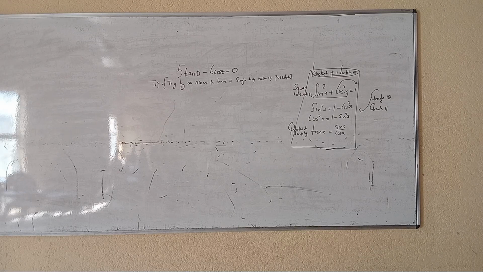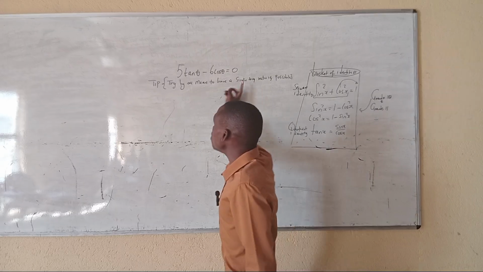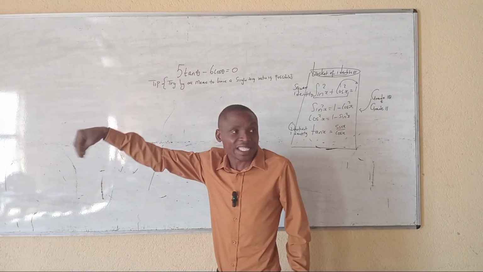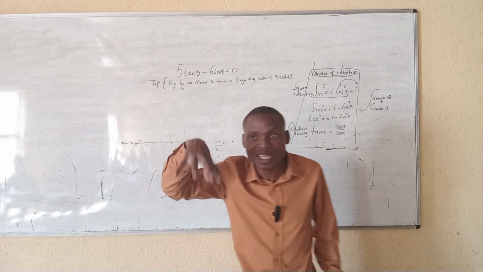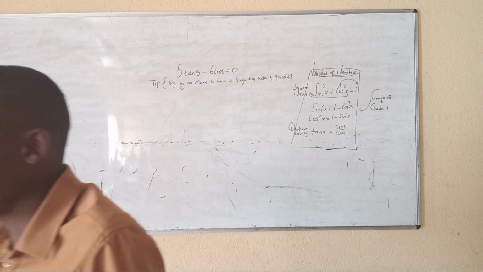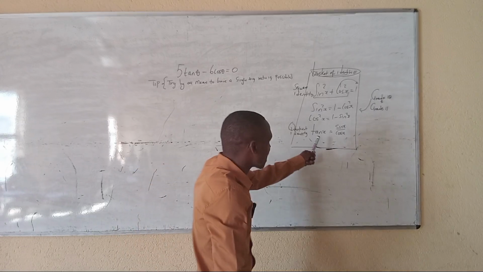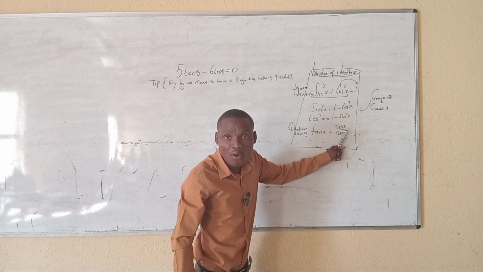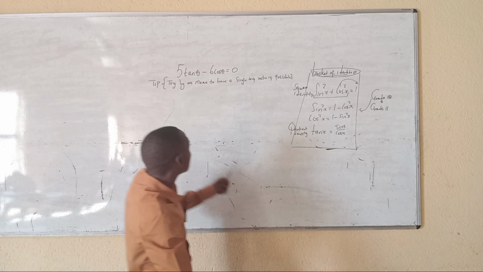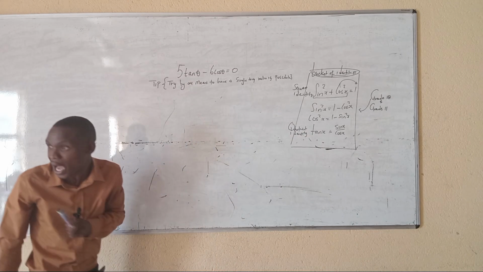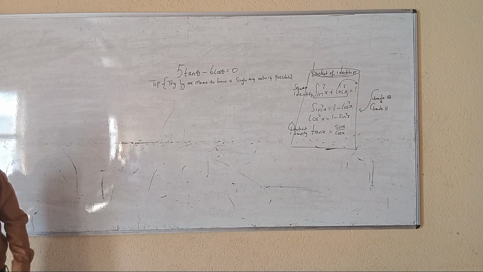So the first thing that I will do is look in the bucket of my identities. You go to that bucket of identities and pick one that can help you. Which identity can help us? It's a quotient identity. We said tan x is sine x over cos x. So we can change tan using the quotient identity.